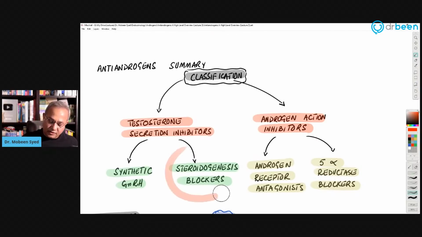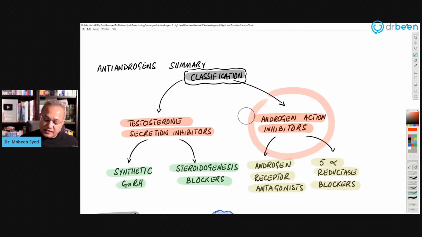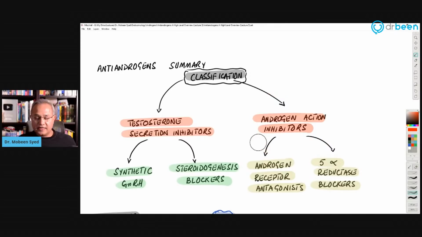In addition to that, we'll also see the steroidogenesis blockers, those drugs that would act in the tissue, for example, in testis, where steroids are made. Steroidogenesis means making of the steroids, and blockers are going to block them. Then there is another class of drugs that do not care about the androgen secretion, synthesis and release. They care to block the action of androgens.